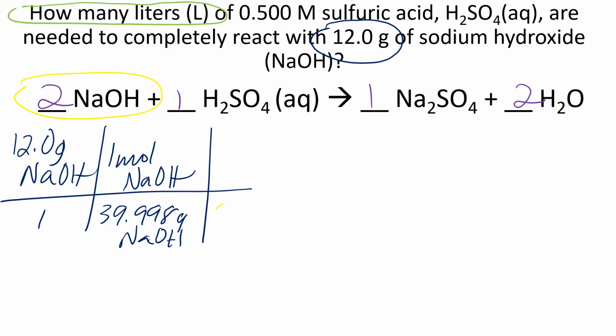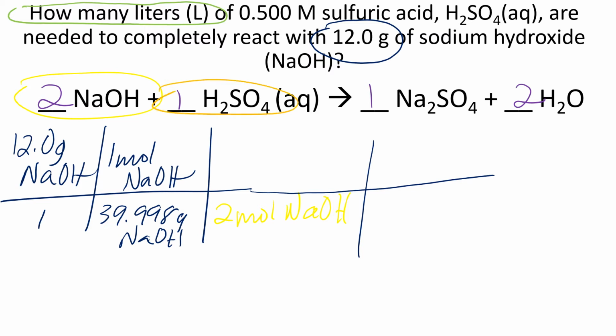So this is 2, if you can see that, moles NaOH. And I'm going to use this one for trying to get to H2SO4. 1 mole H2SO4. So if you look, you have something up here on top, and this is your key.